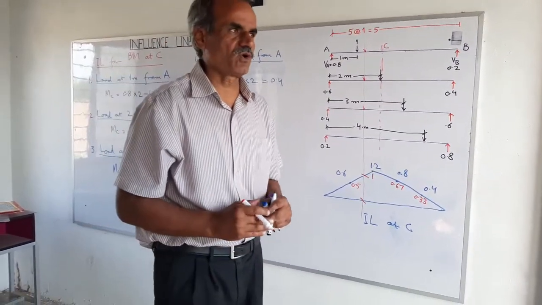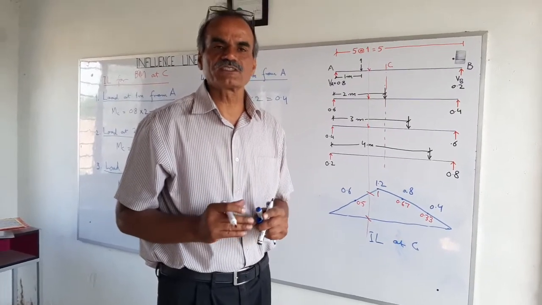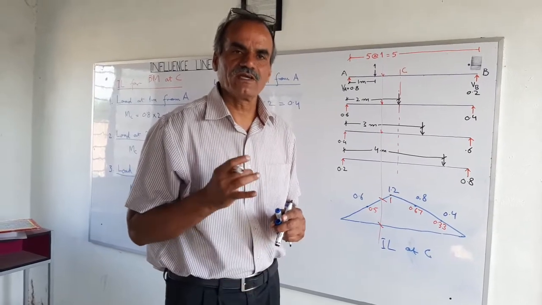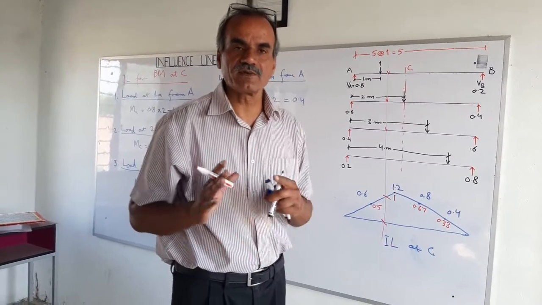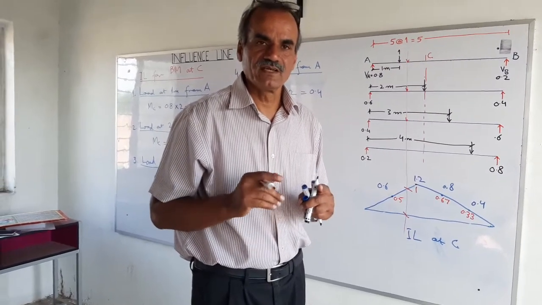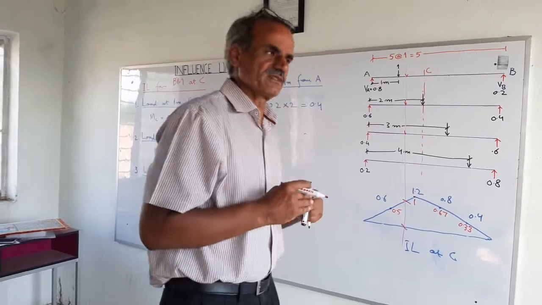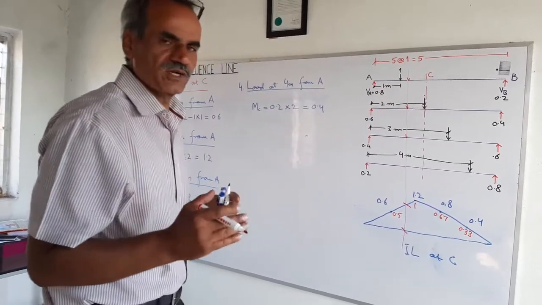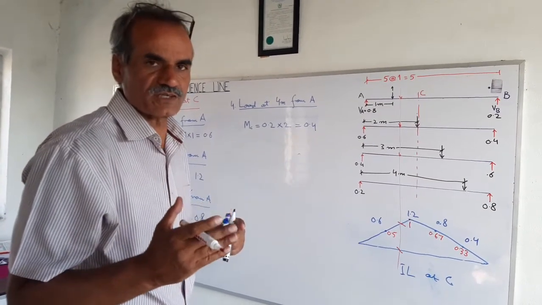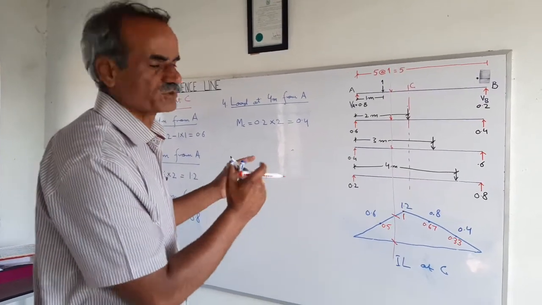So this is how we construct the influence line for different response functions, that is reactions, shear force and bending moment, based on our previous knowledge. You must have realized that it is cumbersome, it is lengthy, it is accurate to the level, its accuracy depends upon the intervals at which we calculate all these values.